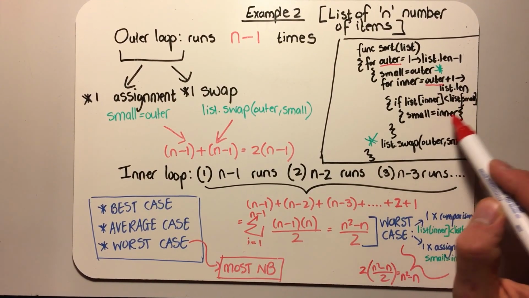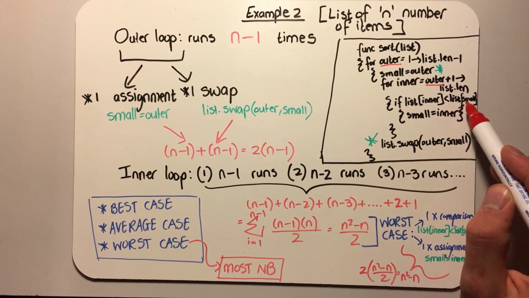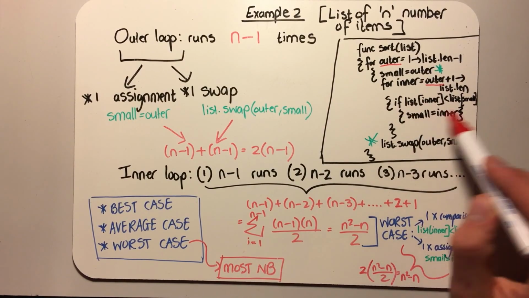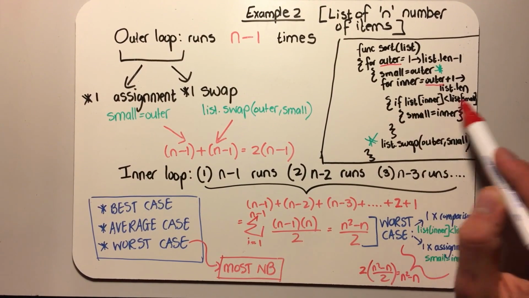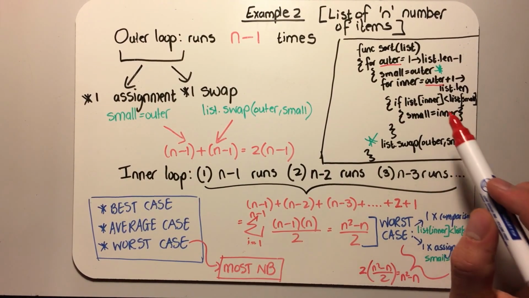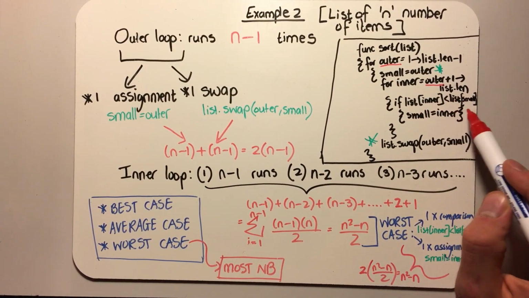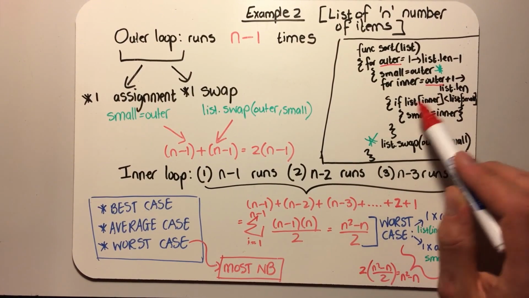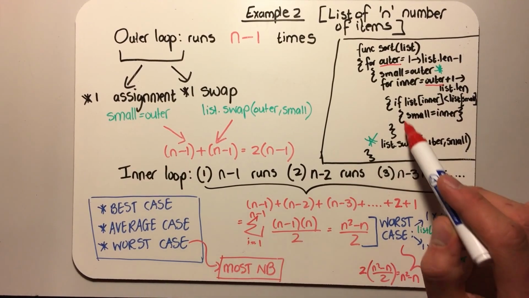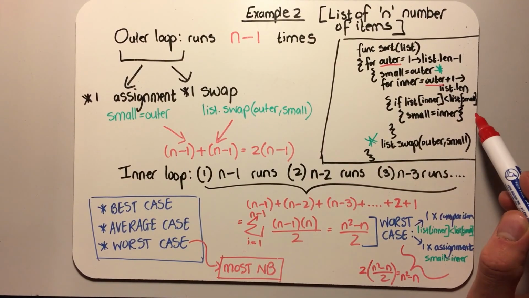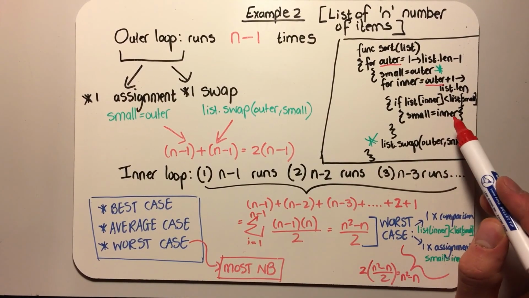If list inner is always bigger than list small, then this inner assignment inside the if statement will never happen. In other words, this is false, then this will never happen. So we have a best case because this inner assignment will never happen, so we don't have to count it in our complexity at all.